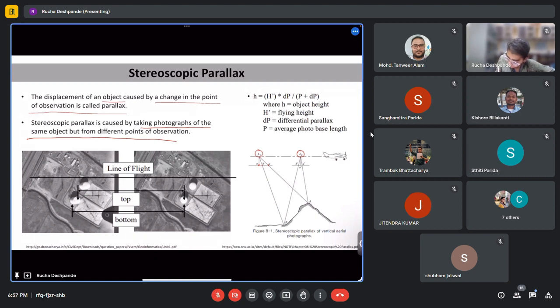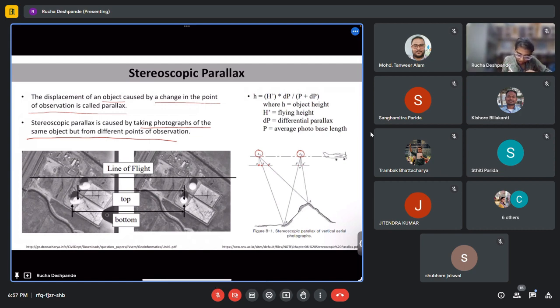And when the photograph is taken from another position, we see that B and A, their positions have shifted with respect to this O point. So because their positions have shifted, it will appear differently on the photograph.